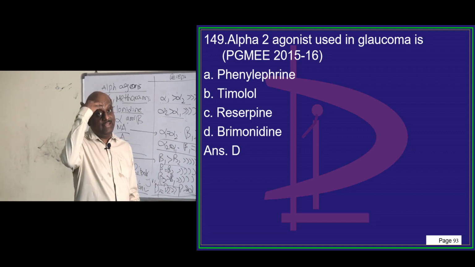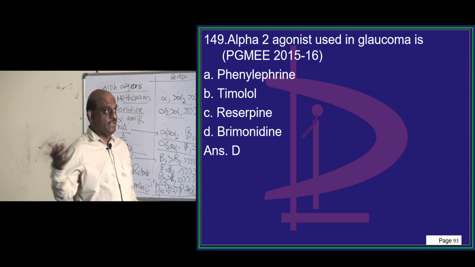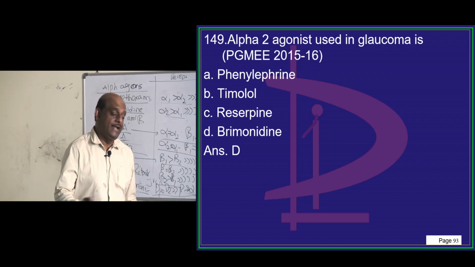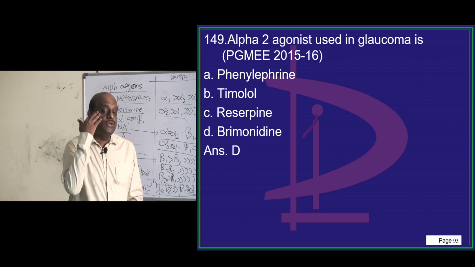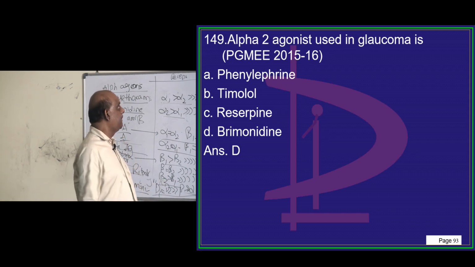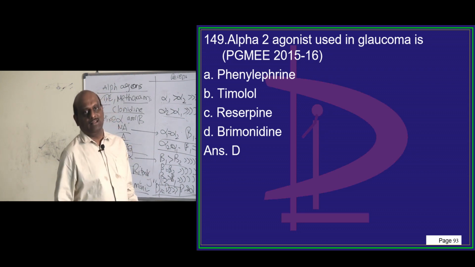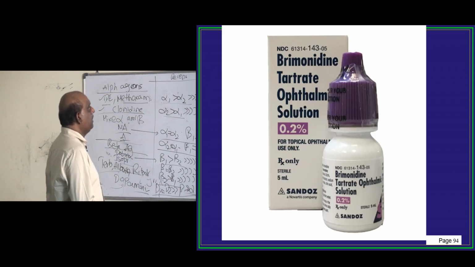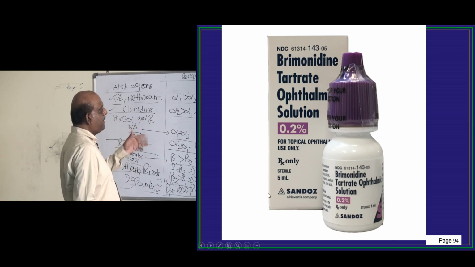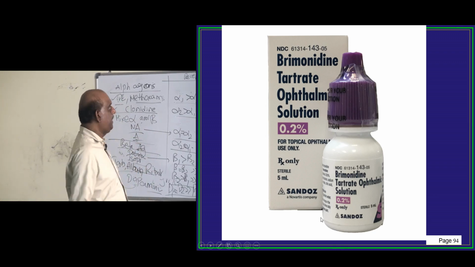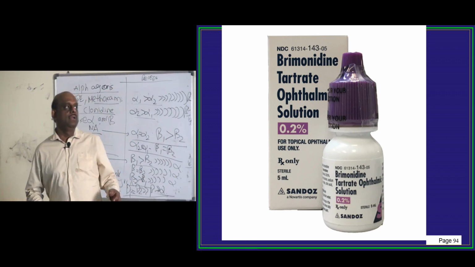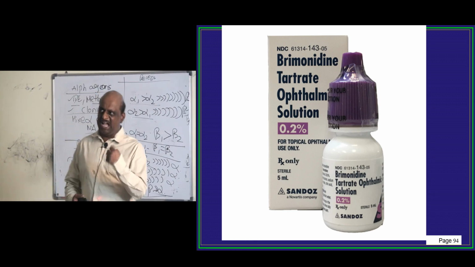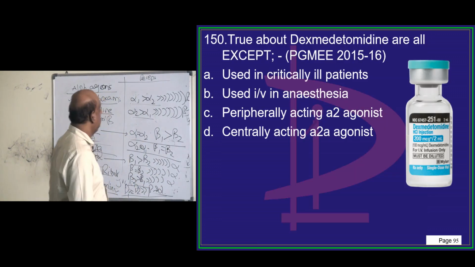Clonidine goes to the central nervous system and, through its alpha 2 agonist action, brings down the blood pressure, whereas brimonidine acts on the eyes and is typically used in glaucoma, which is what you should remember. This is the typical brimonidine tartrate ophthalmic solution. If you at least see the medicine, you'll get some confidence, knowing you've seen its package.